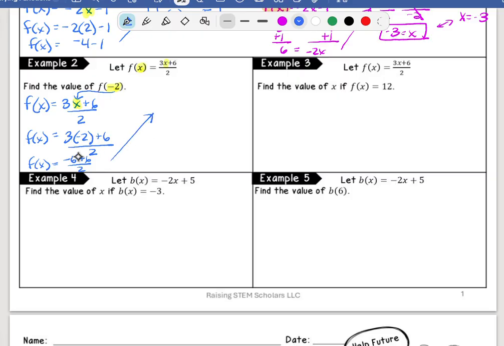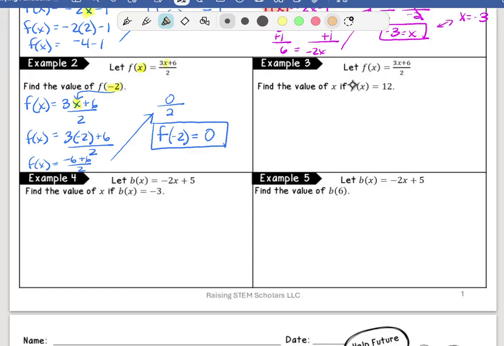If I rewrite this up here, negative 6 plus 6, we get the interesting situation of 0 divided by 2, which feels a little weird, but anytime you are going to divide 0 by anything, of course that's 0. So my f of negative 2 equals 0. Okay. So the answer here is 0. Okay, let's look at this example 3.